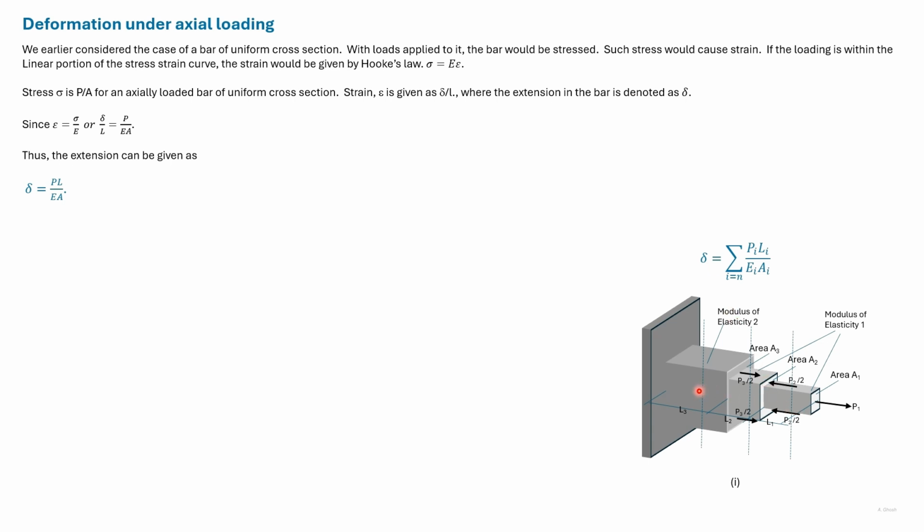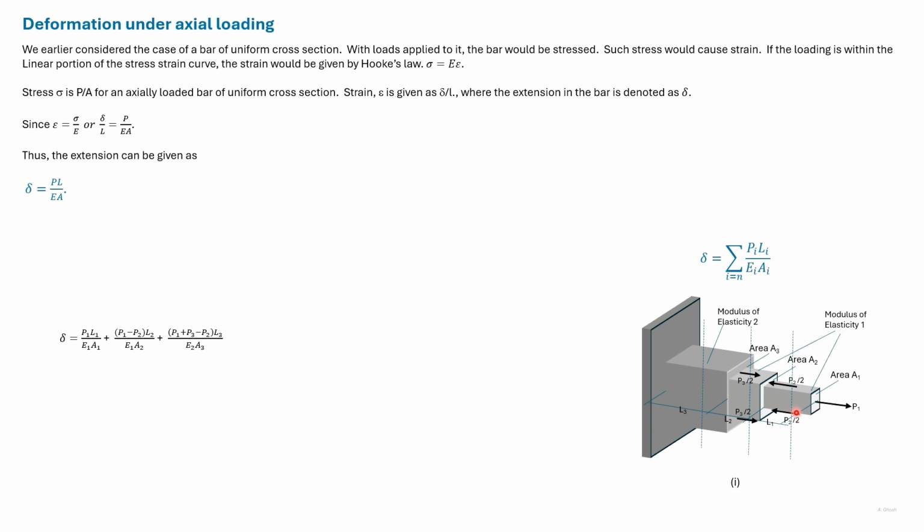Consider the problem here. The whole length could be divided into 3 portions for which P, E, and A are constant. These 3 portions are shown as L1, L2, and L3. So we can get extension or reduction for these 3 cases and then sum them up to get the extension or reduction for the bar as a whole.